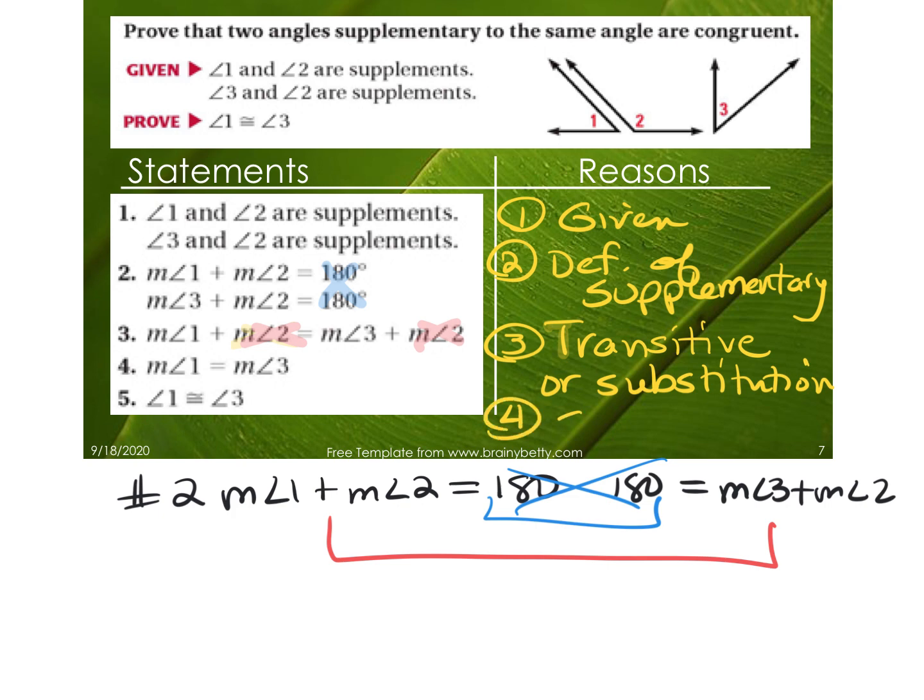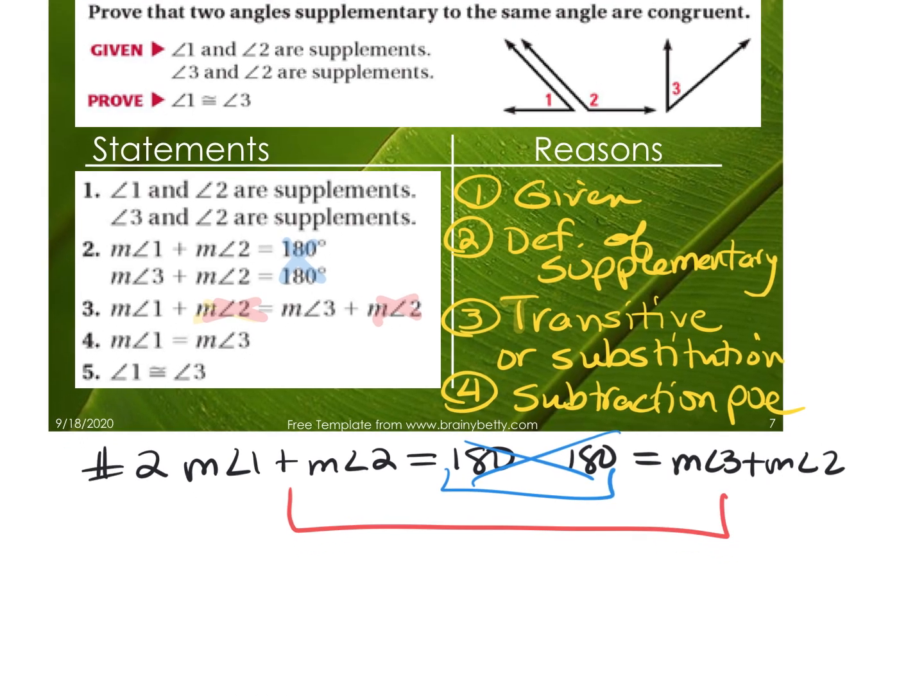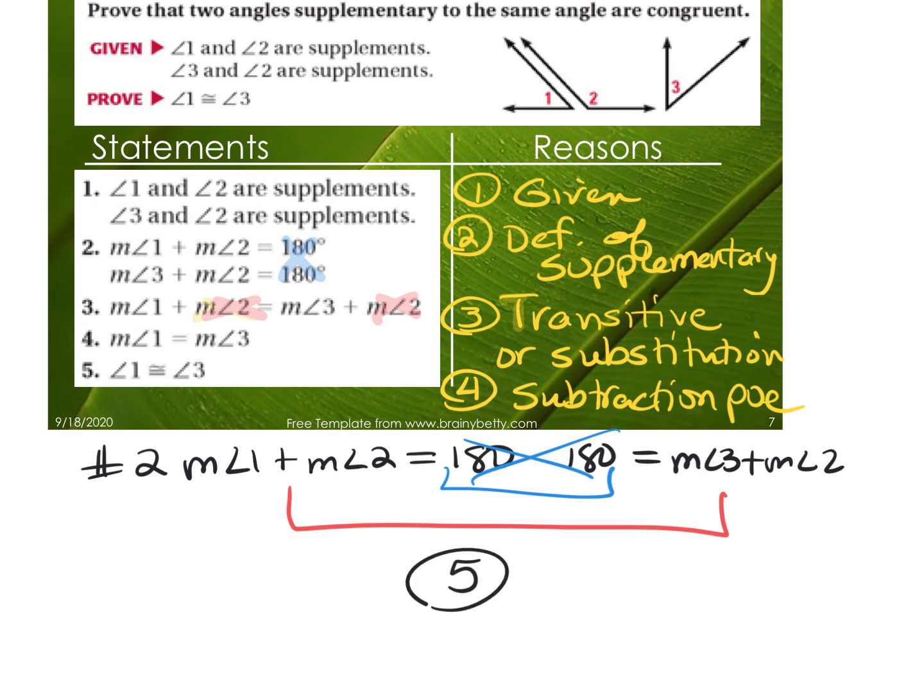So this is the subtraction property of equality. And then lastly, from 4 to 5, all they did was change the equal sign to a congruence. So step number 5 is going to be, and I'll write it down here, the definition of congruent angles.